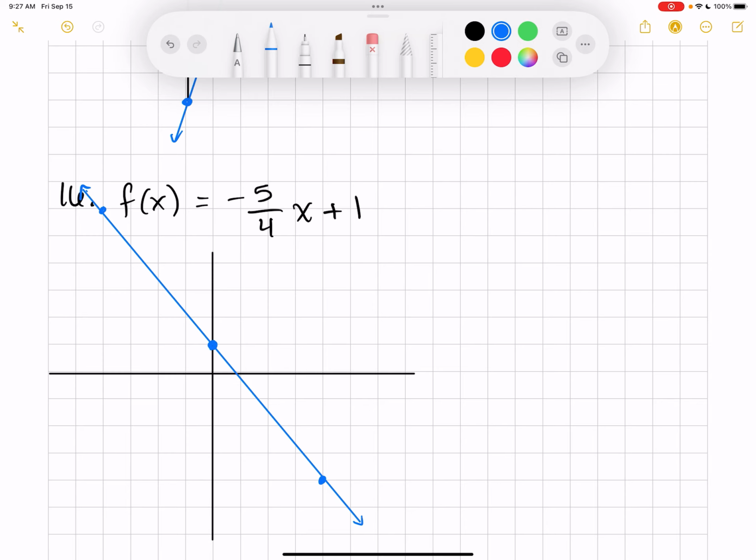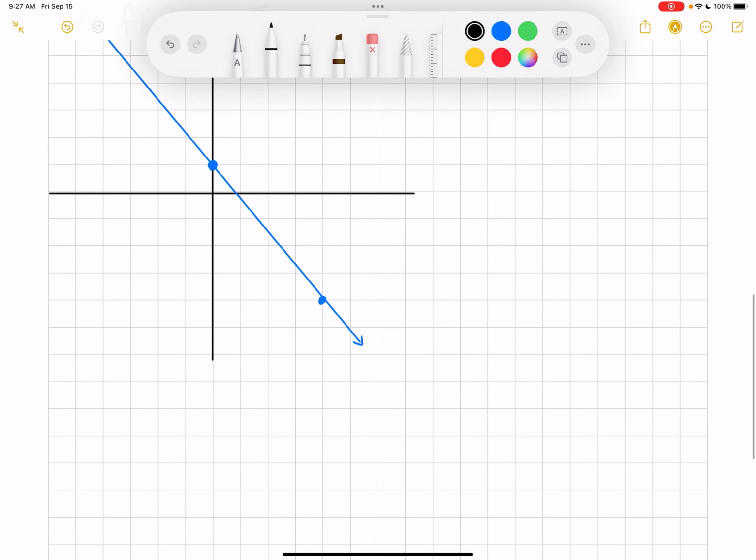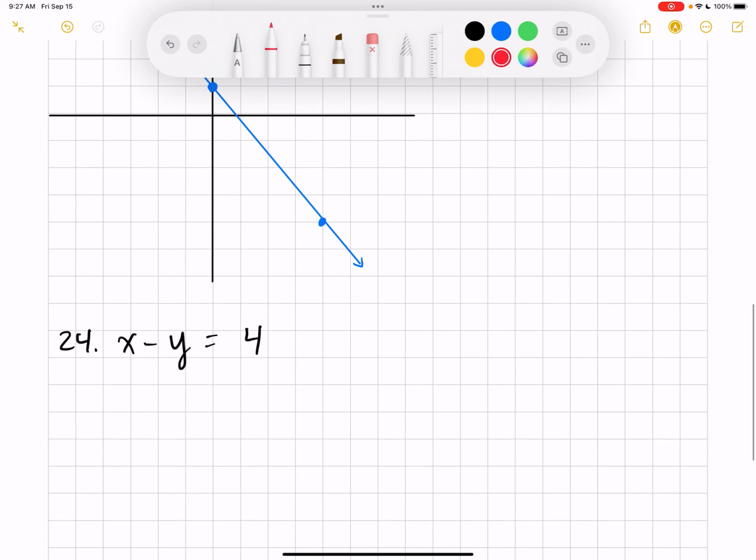All right, are we okay with that kind of graphing? Yeah. Okay, great. The next thing then says to find the x and y intercepts of the line with a given equation. So this is where I use the cover-up method. It's 24, x minus y equals 4. So I need to know what the x-intercept is and the y-intercept.